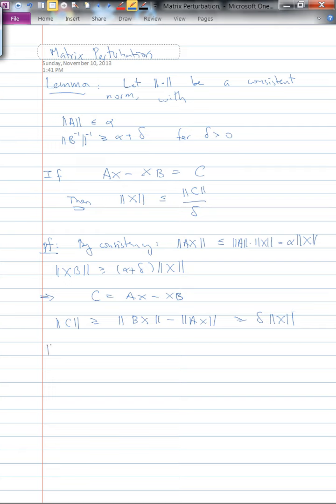But how are we going to use this? Note that we had a very similar thing in the previous theorem.